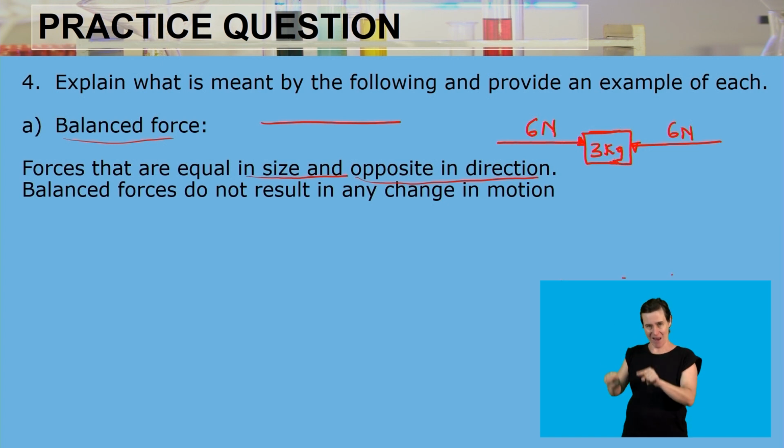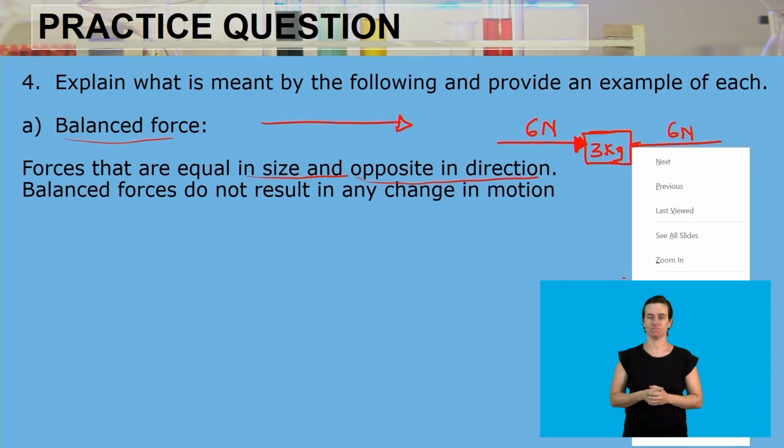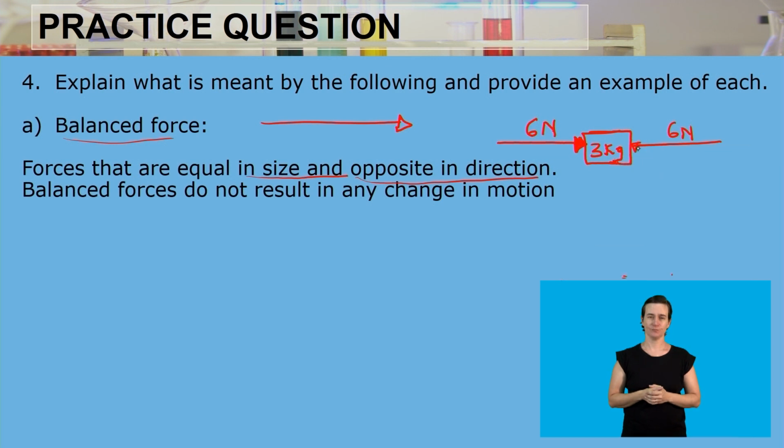So the length of the arrow determines the size of the arrow, and then the arrowhead determines the direction. So because our arrowhead here is facing to the right, that then means this force is acting to the right. And this other one, it is going to the left-hand side. The arrowhead is facing the left-hand side, so that means the force is acting to the left-hand side.